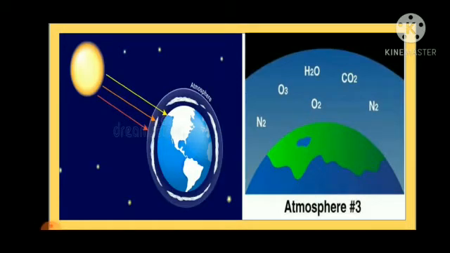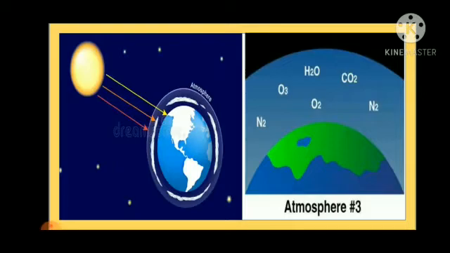Our Earth is surrounded by a layer of air called the atmosphere. Here you can see in the left picture a layer surrounding our Earth, known as the atmosphere. This atmosphere contains many gases. See the right hand side picture.